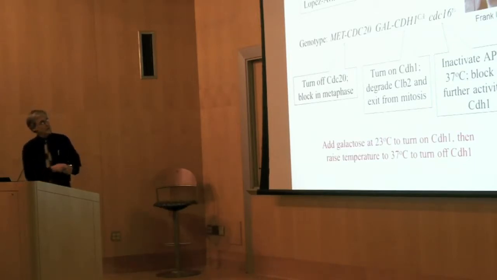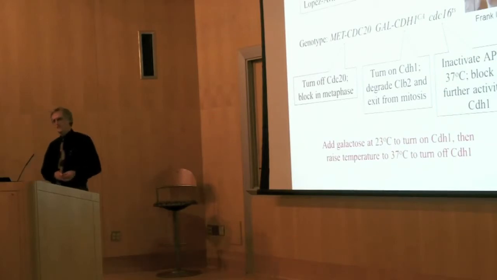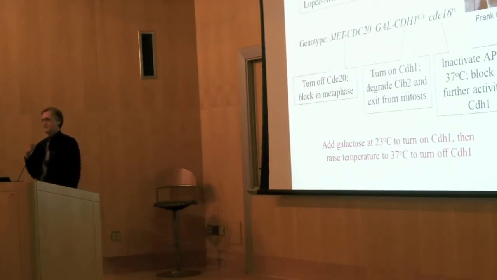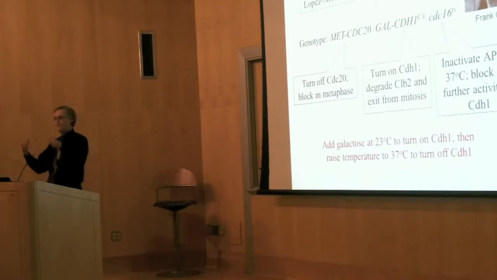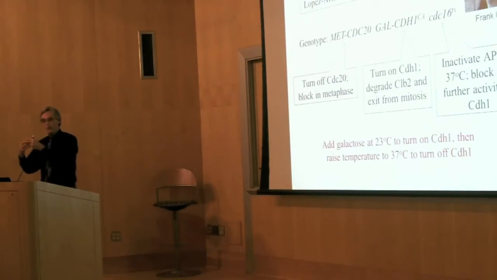The way he kills it is by having a temperature-sensitive gene called CDC16, which happens to be an essential component of the APC. And remember, CDH1 and the APC work together. You got to have both of them to degrade cyclins, okay?